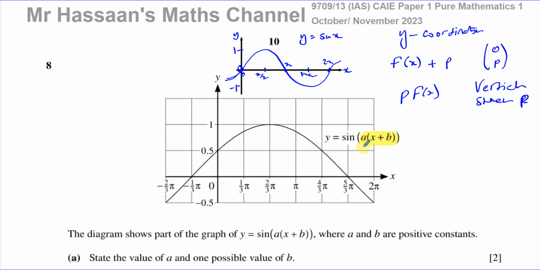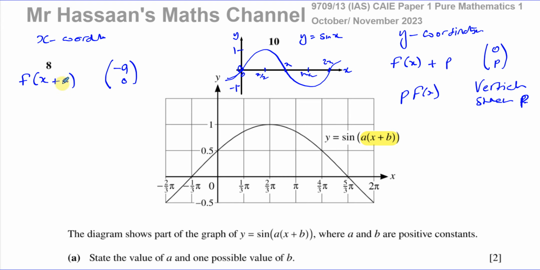The changes that have taken place are all inside the bracket, all inside the function. And that's where the x coordinates are affected. For the x coordinates, if you have, for example, f of x plus a, that causes a translation in the x direction of the opposite of whatever that number is. So if it's plus a, it goes a to the left. If it's minus a, we go a to the right.